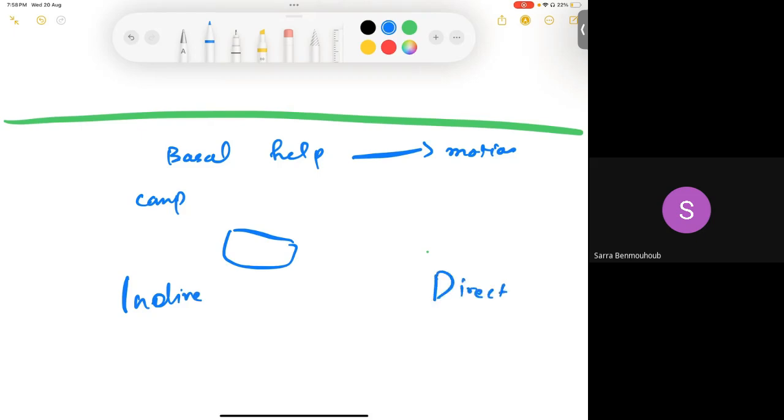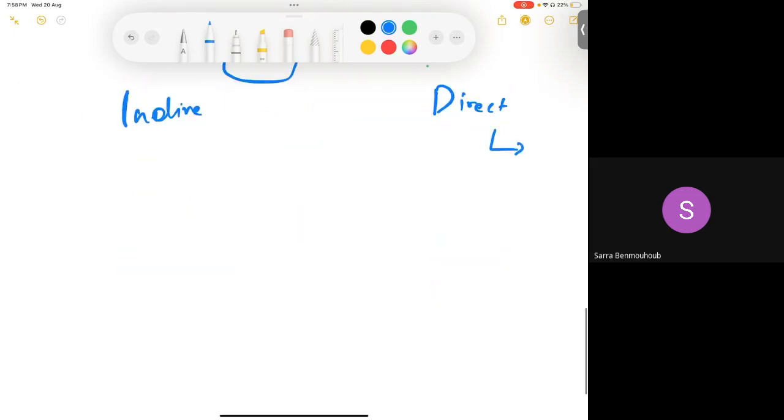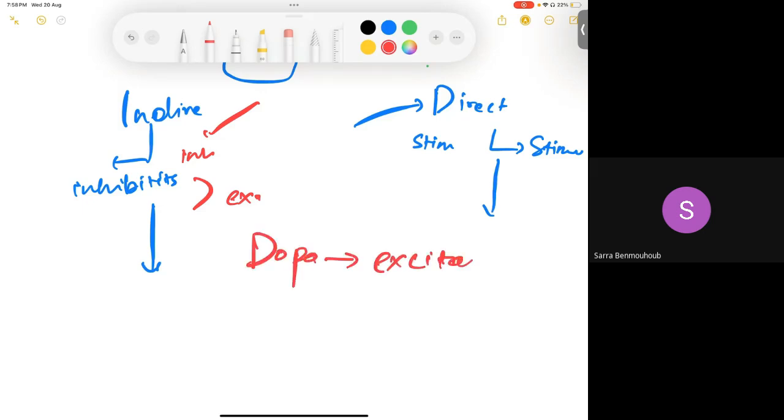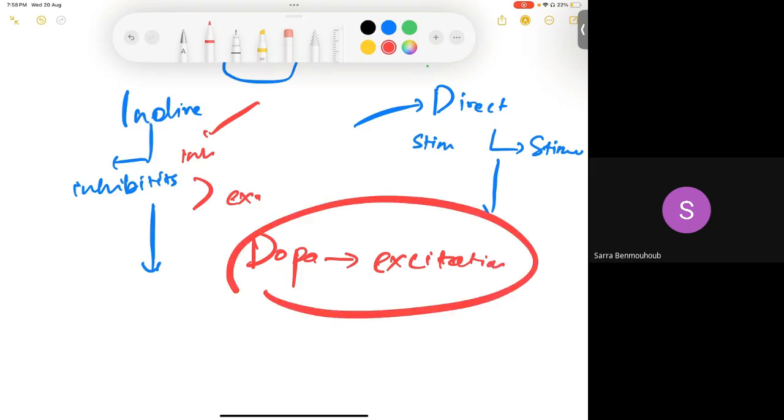The direct pathway is going to stimulate your cortex. The indirect pathway inhibits your cortex. Dopamine is going to stimulate the direct pathway more, while it inhibits the inhibitory pathway, which is excitation in the end. So dopamine in the end leads to excitation of both pathways. That's the summary.